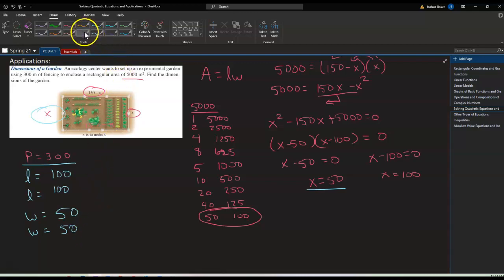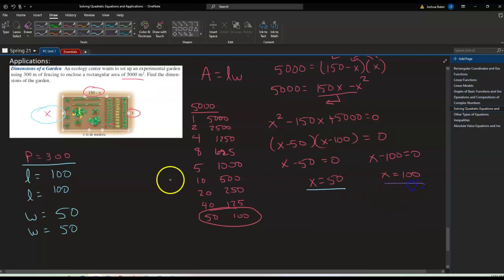Okay? So now let's talk about this one. Well, I still only have 300 meters of fencing. I got 2 lengths, and I got 2 widths, but now my widths are 100. So that's 200 of my 300 meters of fencing, meaning I have 100 left over, which still gets us to these same dimensions here, okay?